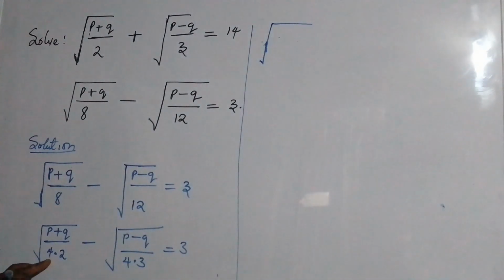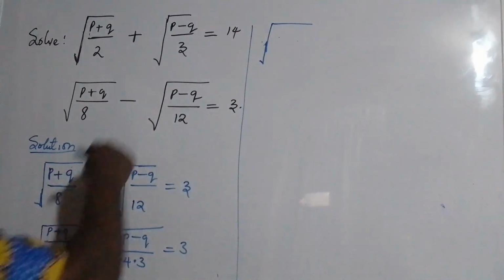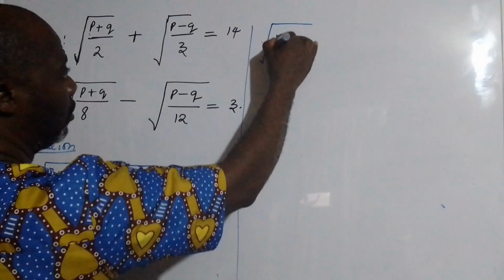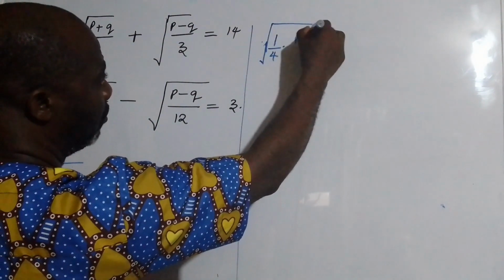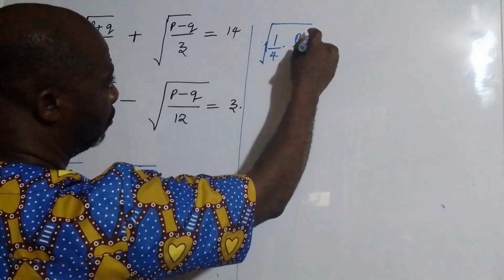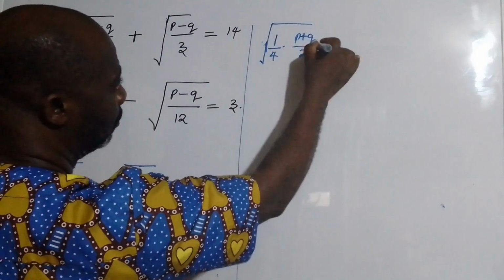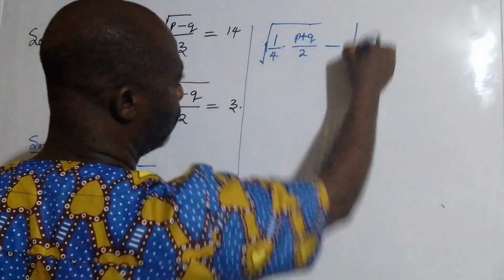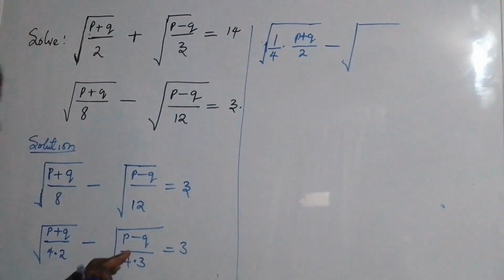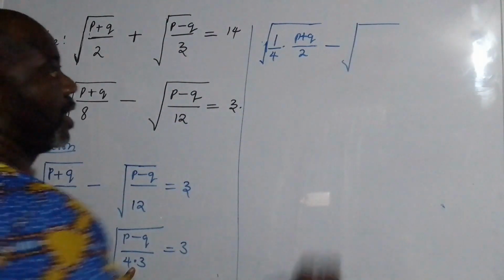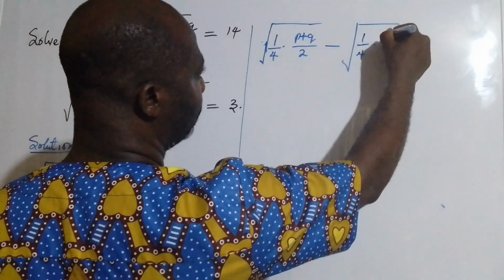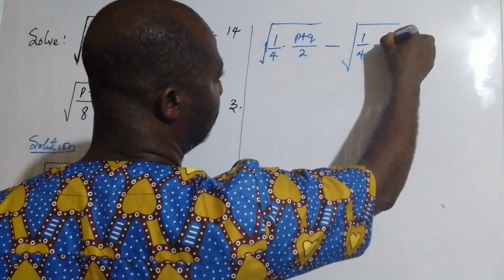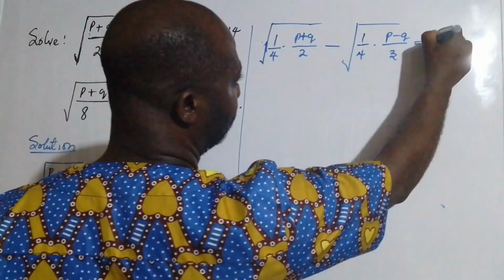This 4 is at the denominator, so I'm going to write it as 1 over 4 dot p plus q over 2, minus square root of, I do the same thing to this, 1 over 4 dot p minus q all over 3 equals 3.